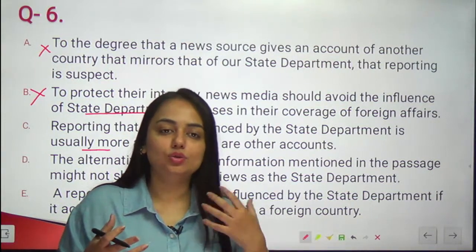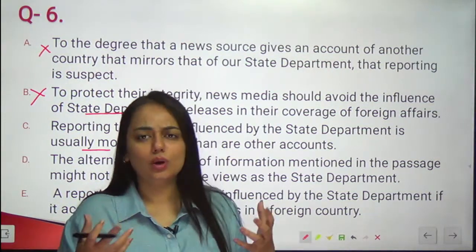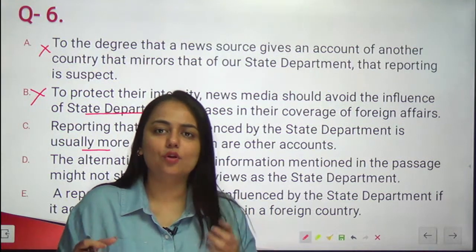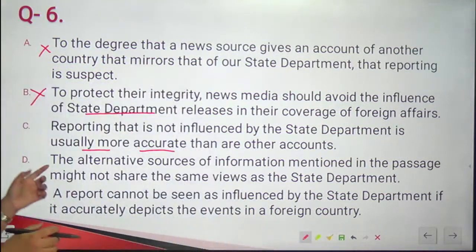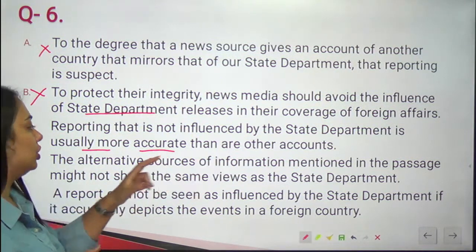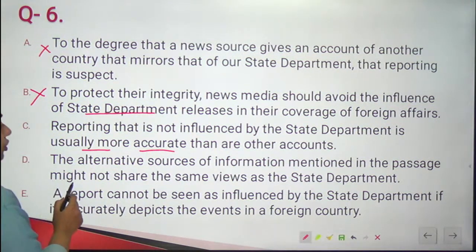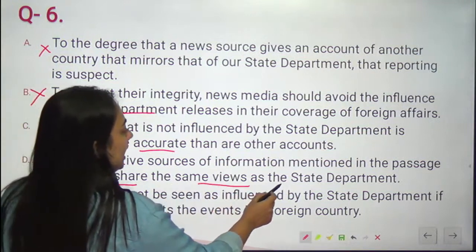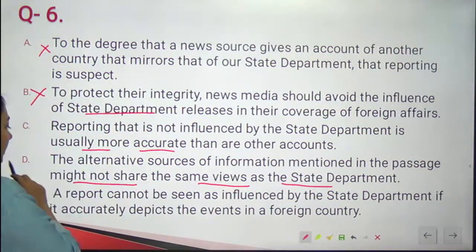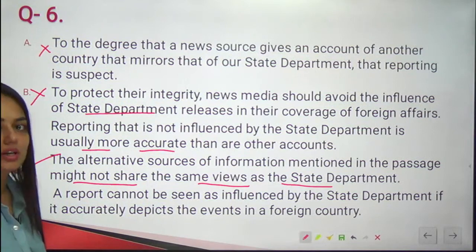Rather, he said that to come up with more authentic news, refer to other alternate sources also and then confirm the news. The alternate sources of information mentioned in the passage might not share the same views as the State Department. And this is the right inference we can come to.